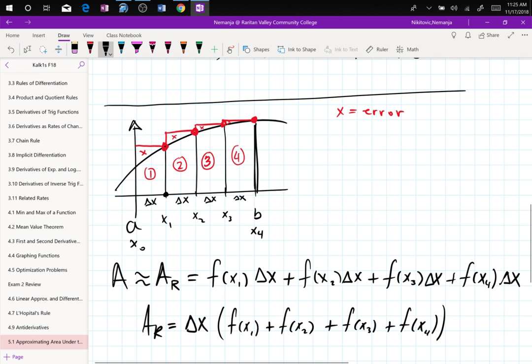So we use either left or right rectangles, and then we use with as many rectangles as we need to come up with the precision that we want. Now observe that for this particular problem, your area that you are getting is bigger than the actual area, right? So we're going to overshoot now. And the previous example before this one, was undershooting, right? So the area was somewhere in the middle.